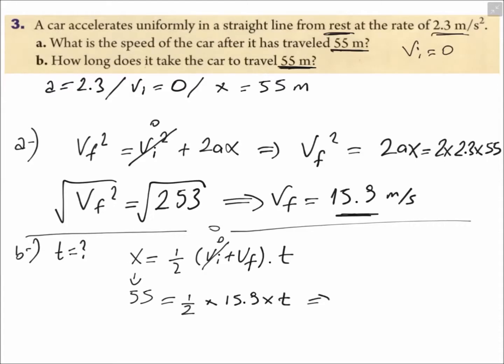And if I send the 2 over here, it will be 110 equals 15.9 t. So if you divide both sides by 15.9, t is going to be finally 6.9 seconds. Thanks for listening.